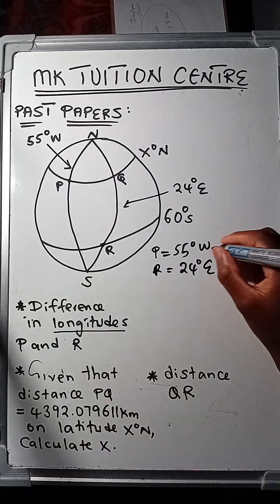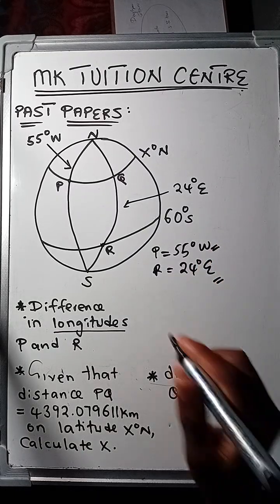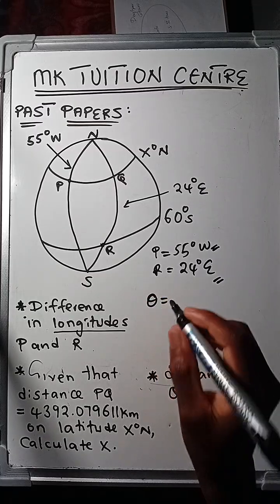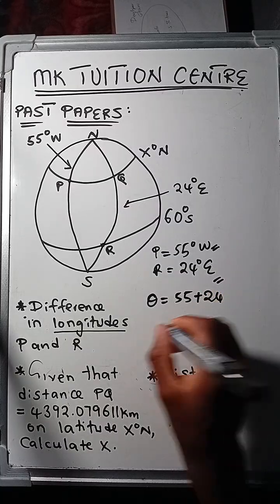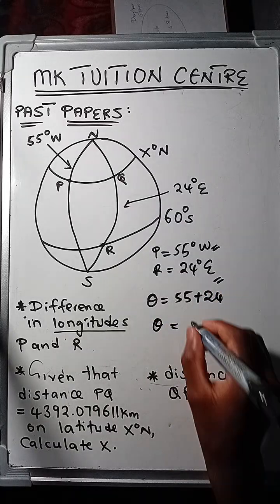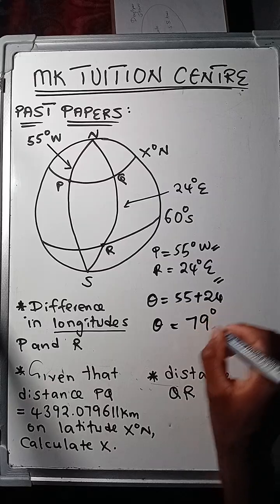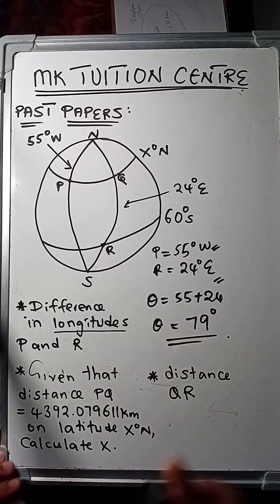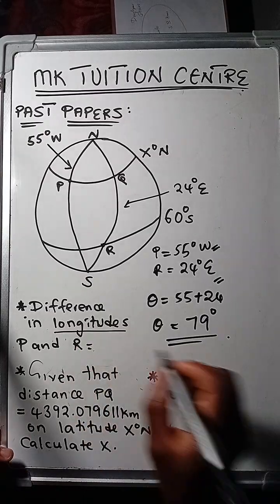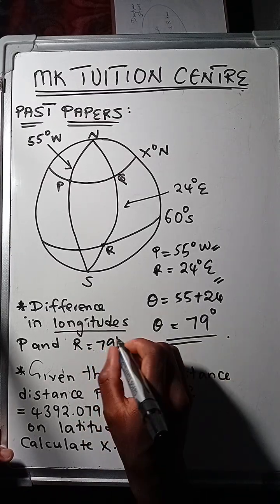Now, if they're on different sides, we're going to add. So the difference in longitudes will be equal to 55 plus 24 to give us 79 degrees. Okay, so this is how we do the first question. Let's have it here as 79 degrees.